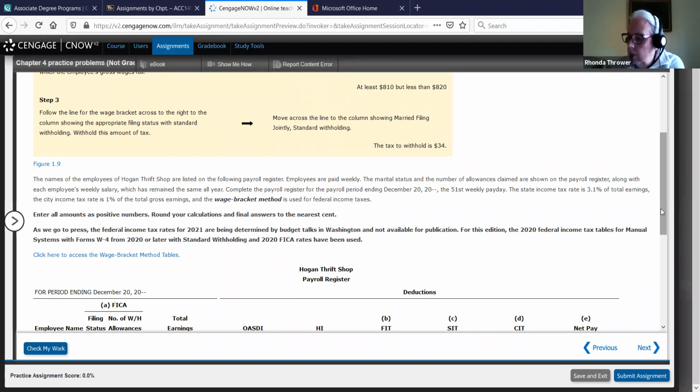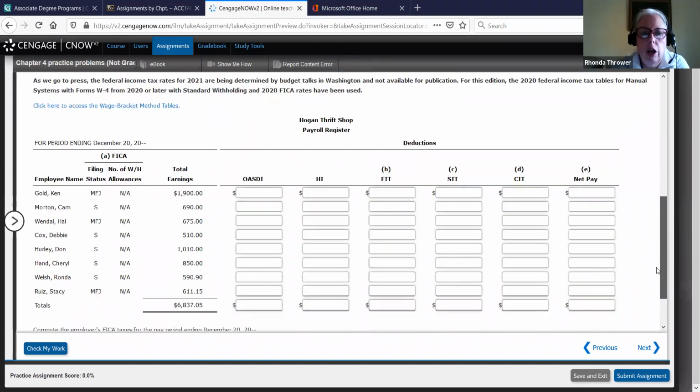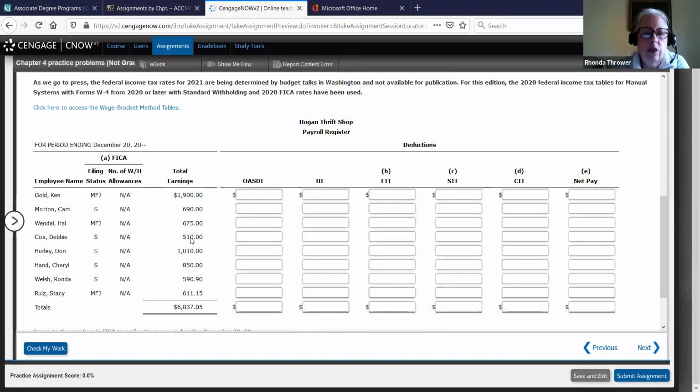The amount of the wages at 51 pay periods is nowhere near that ceiling amount. That means all of these employees are under the ceiling amounts for the year, since they're all less than $1,900. So what we need to do is figure out the OASDI taxes.